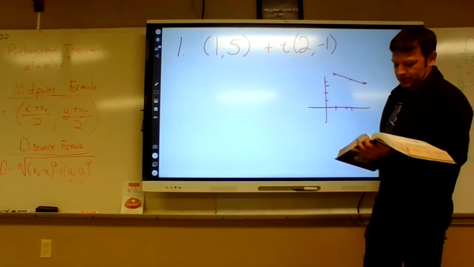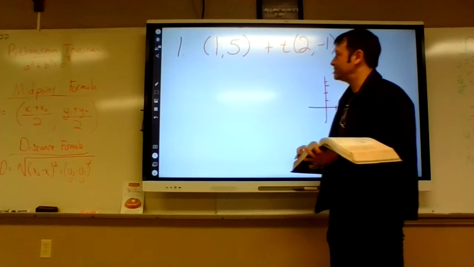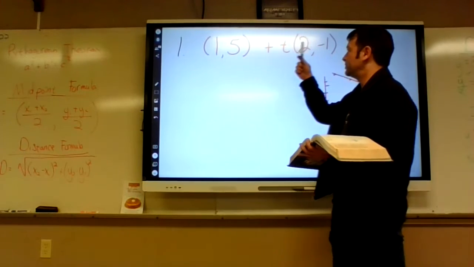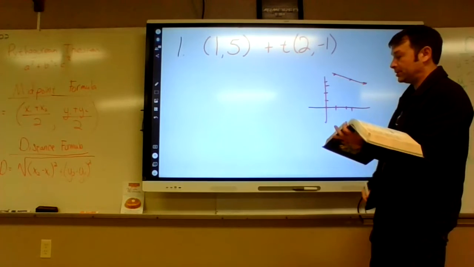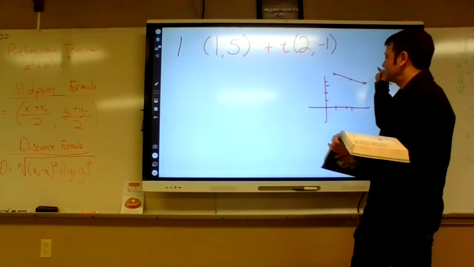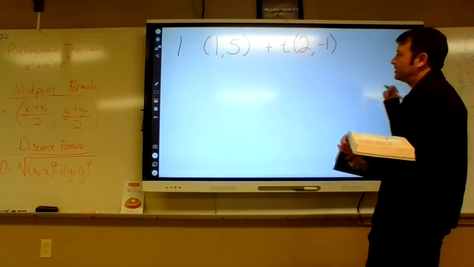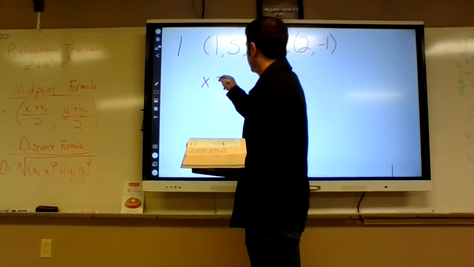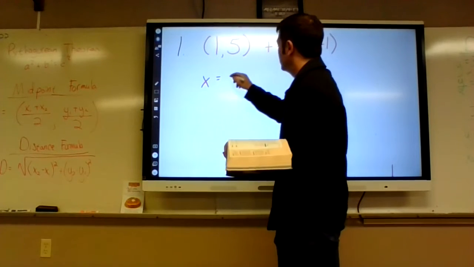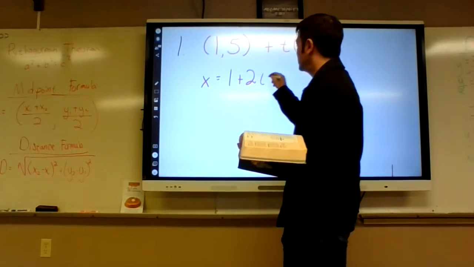And okay, that's what they call the vector equation. Starting point, this is kind of like the vector right here. The other one's called a parametric equation, and it's just rewriting this. So you just write 2 equations. X is equal to 1 plus 2t.